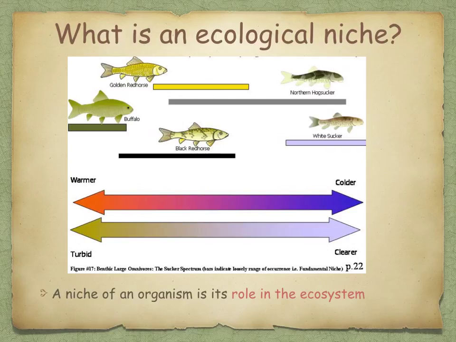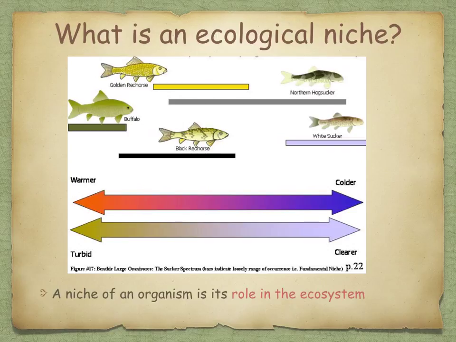Now, some species may appear very similar, but their nesting habits or other aspects of the behavior might be very different. Or they show very different levels of tolerance to a pollutant or shortage of oxygen or nitrates. Any differences in niche, however small, limit competition between species, and no two species occupy exactly the same niche.